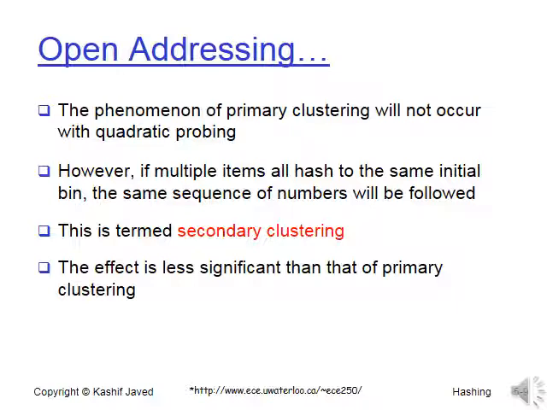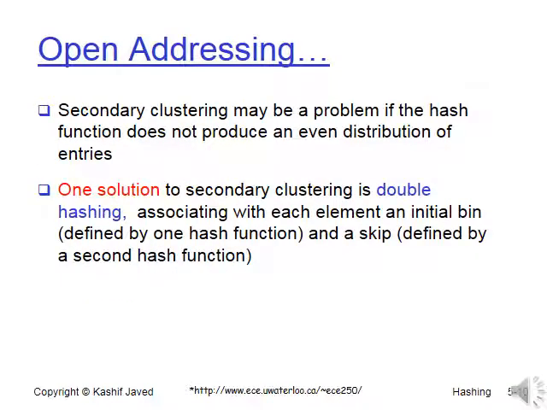Also, there is Theorem 5.1 in your book stating that if the table size is prime and the load factor lambda is not larger than 0.5, all probes will be to different locations and an item can always be inserted. Secondary clustering may be a problem if the hash function does not produce an even distribution of entries.